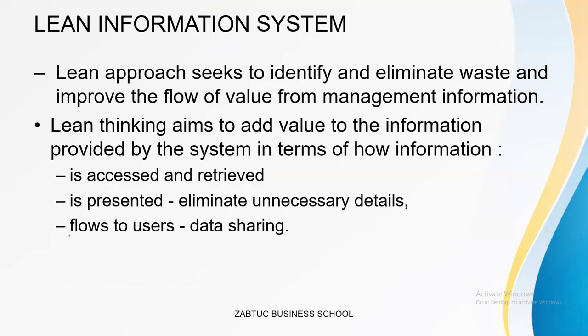Now let's get to lean information system. The lean approach seeks to identify and eliminate waste and improve the flow of value for management information. So now we are saying for management information.